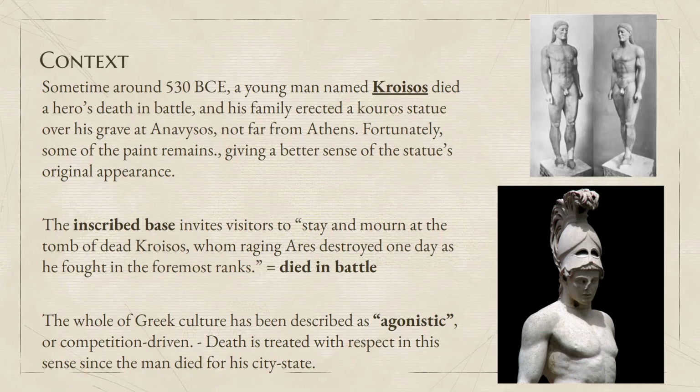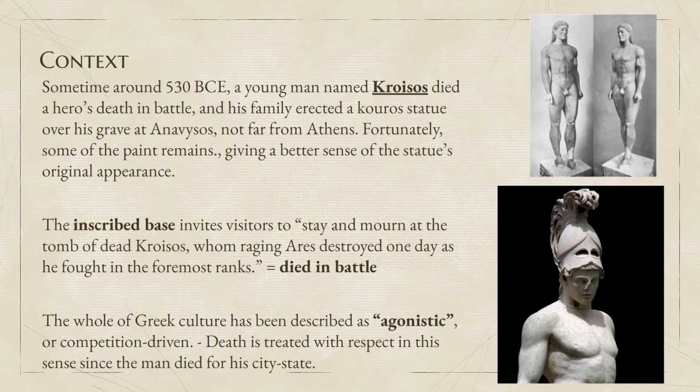So his family, who, if you're buying a marble statue of your son or family member, they've got some money, pay an artist to make this statue that represents Croesus.